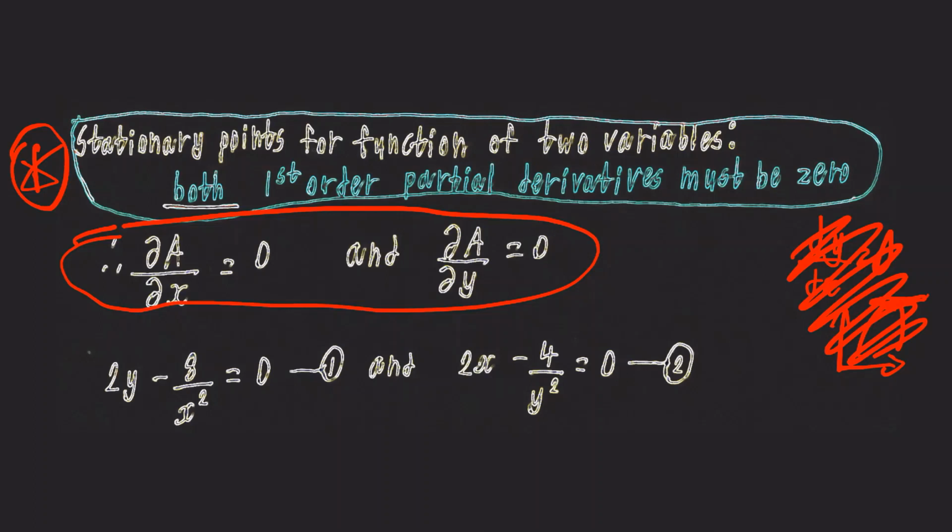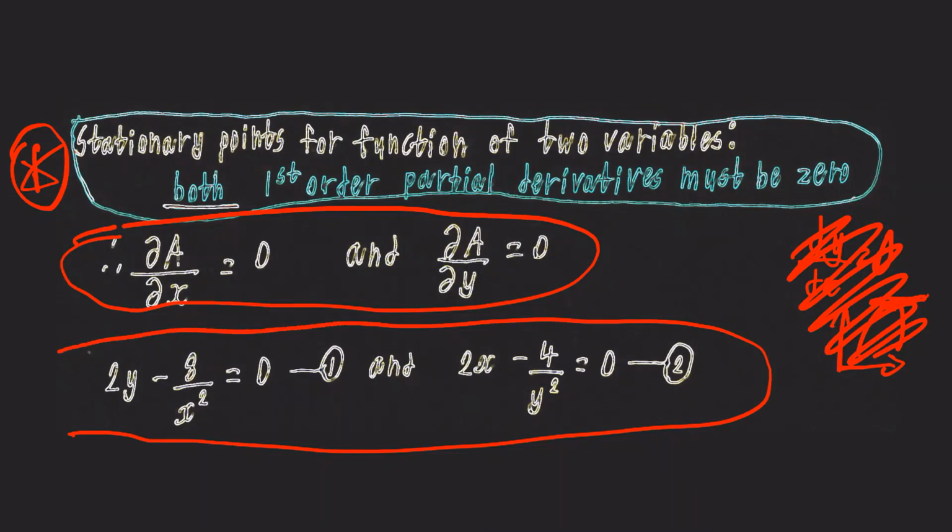So simply substituting the derivatives we found before, we have these two equations, and importantly, these must be solved simultaneously to get the stationary point, because that's the rule we have. Both of these must be true at the same time.